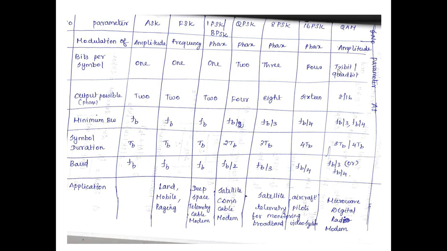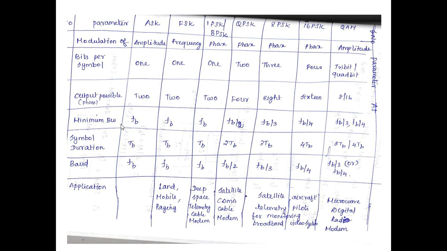Here we use 3 bits or quad bits: for 8 QAM it's 3 bits, for 16 QAM we use quad bits. The number of possible output phases is 2, 2, 2, 4, 8, 16. Here it is 8 for 8 QAM and 16 for 16 QAM.